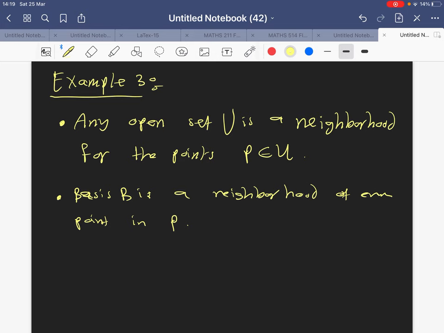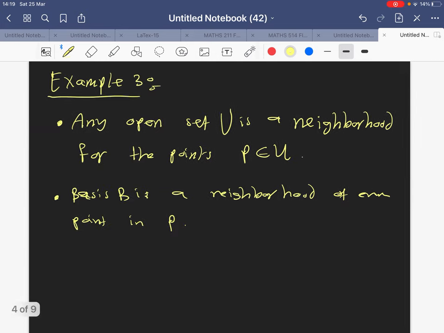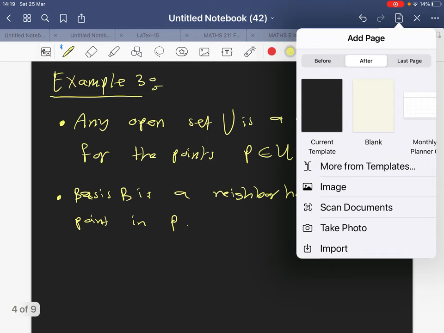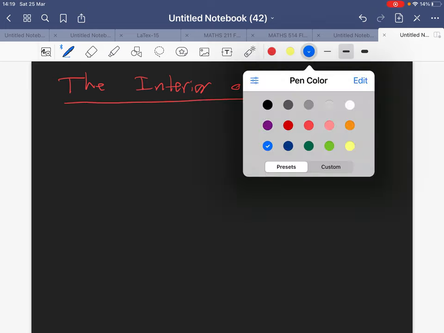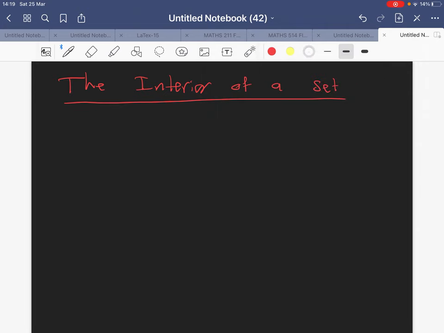Now we will go to the second part of this lesson, where I want to talk about the interiors of sets. So here, the interior of a set, and this is a very important topic. Let me start by informally explaining what the interior of a set is. So again, we will start with a set.